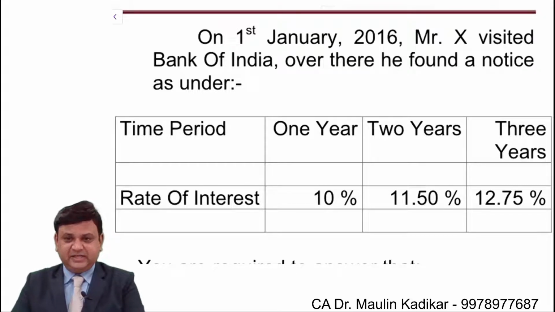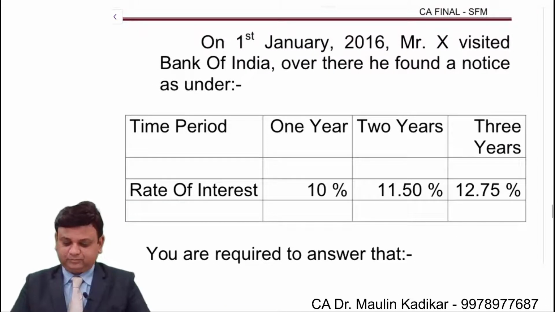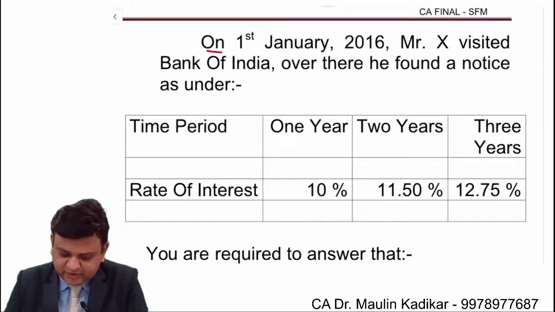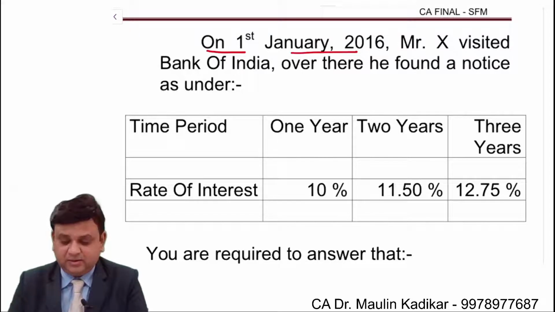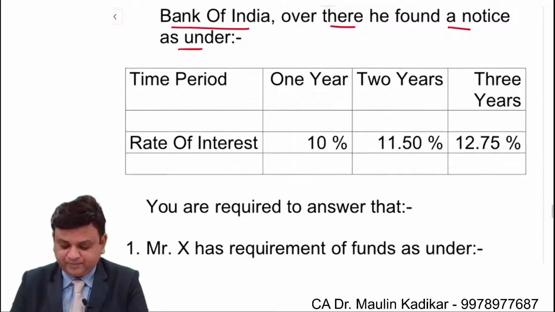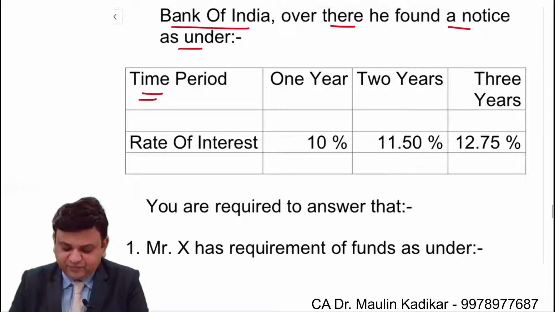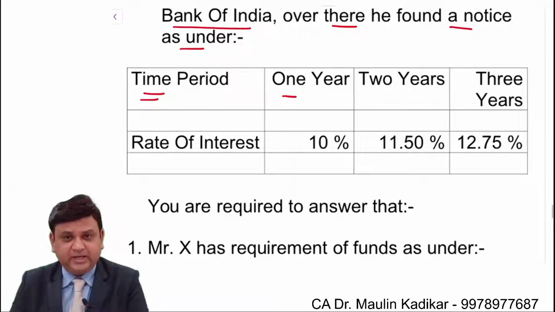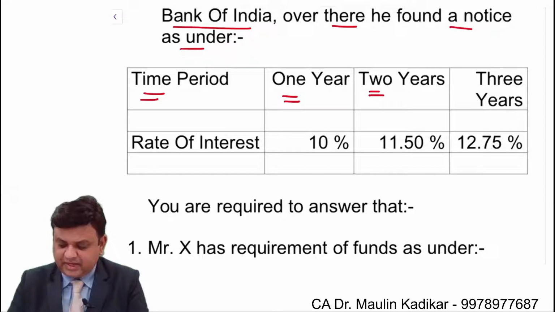So let us start with an example like this. On 1st of January 2016, Mr. X visited Bank of India. Over there, he found a notice as under. Time period of investment is 1 year, 2 years and 3 years.